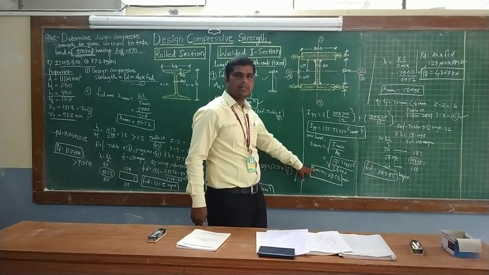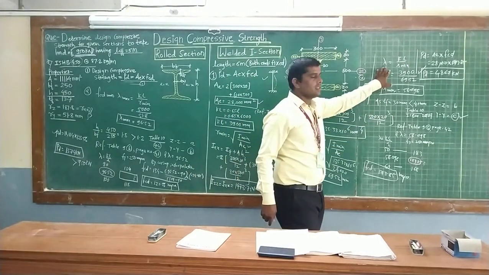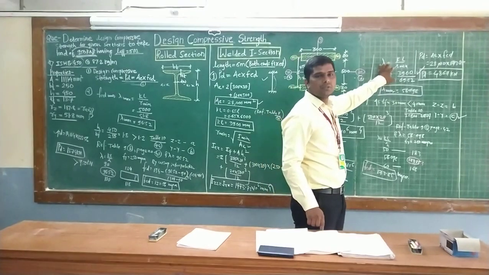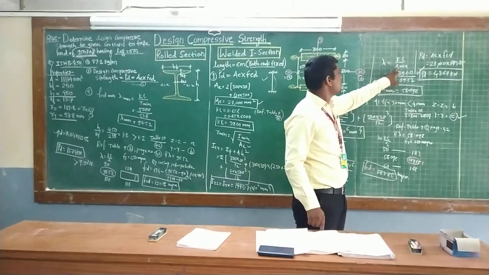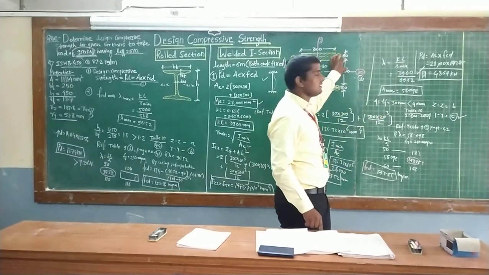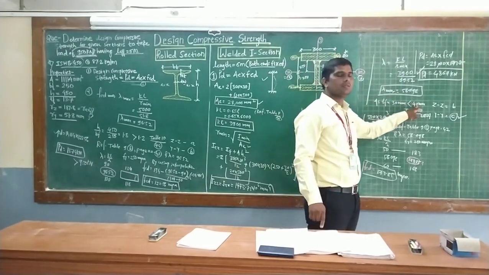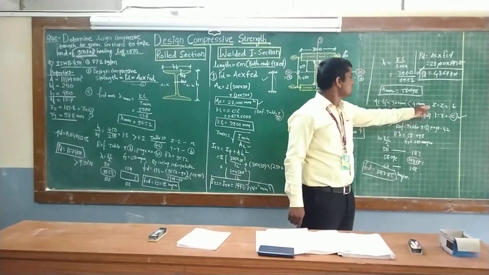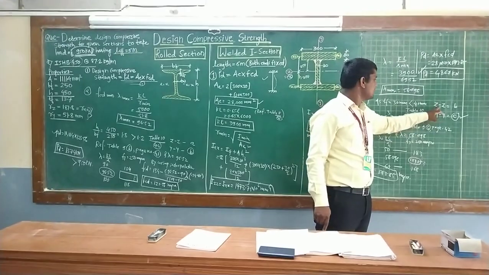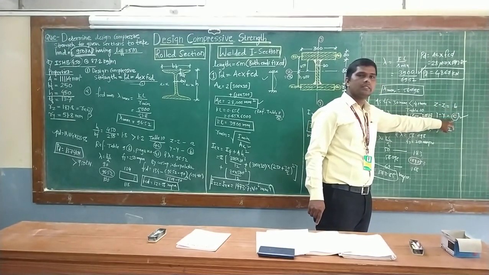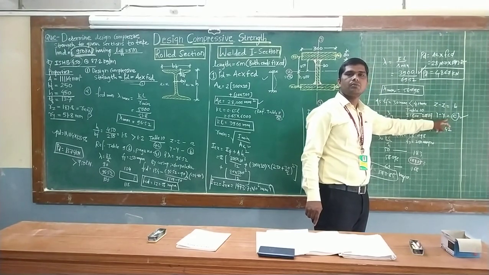Once we get R minimum in mm, to find the effective slenderness ratio, lambda is equal to KL by R minimum. Then we know the flange thickness is 30 mm, which is less than 40 mm according to IS 800:2007. Then go through the buckling class, about the Z and Y axis, buckling classes B and C. We choose C because the radius of gyration is minimum about the Y axis.